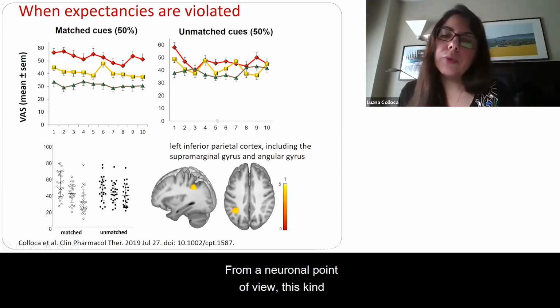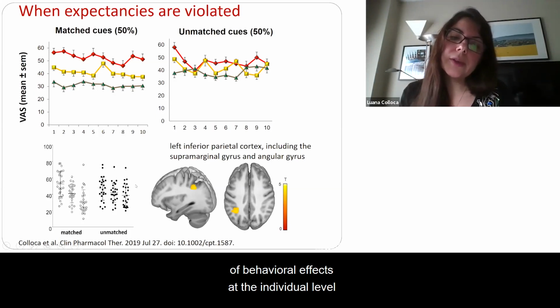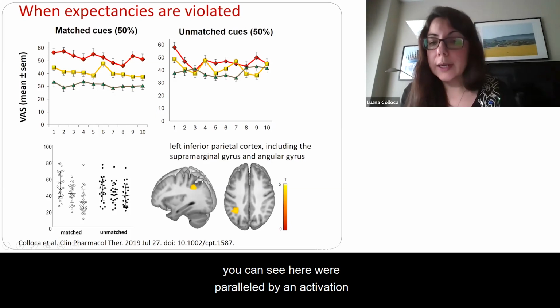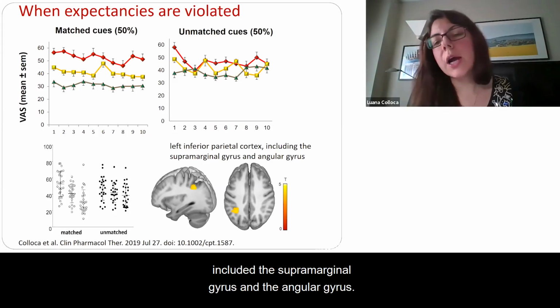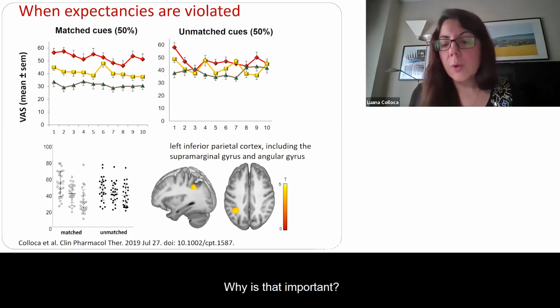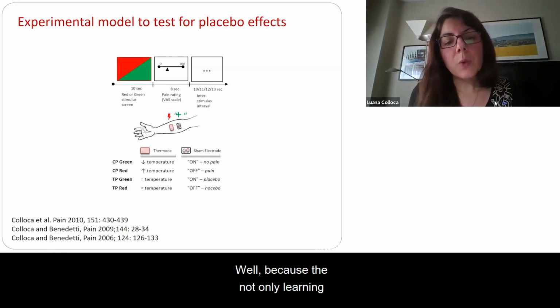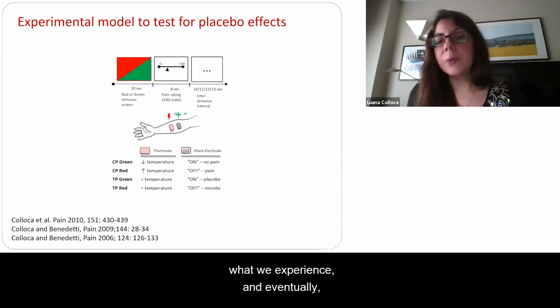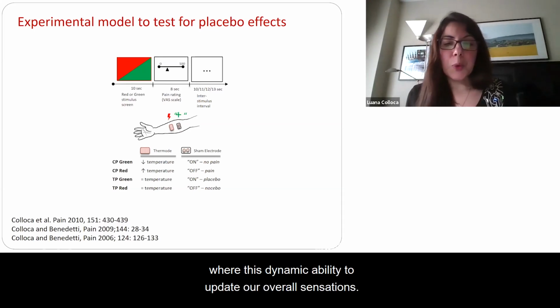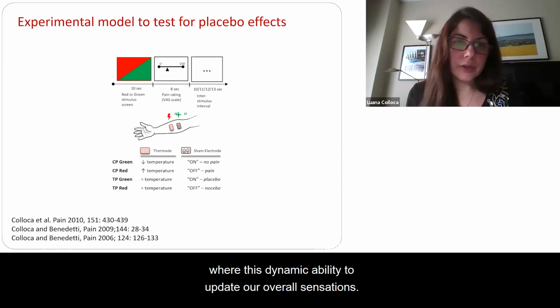From a neuronal point of view, this kind of behavioral effects that at the individual level you can see here were paralleled by an activation of the left inferior parietal cortex that included the supramarginal gyrus and the angular gyrus. Why is that important? Well, because not only learning shapes expectation and placebo effects, but what we experience, and eventually we have this dynamic ability to update our overall sensations.